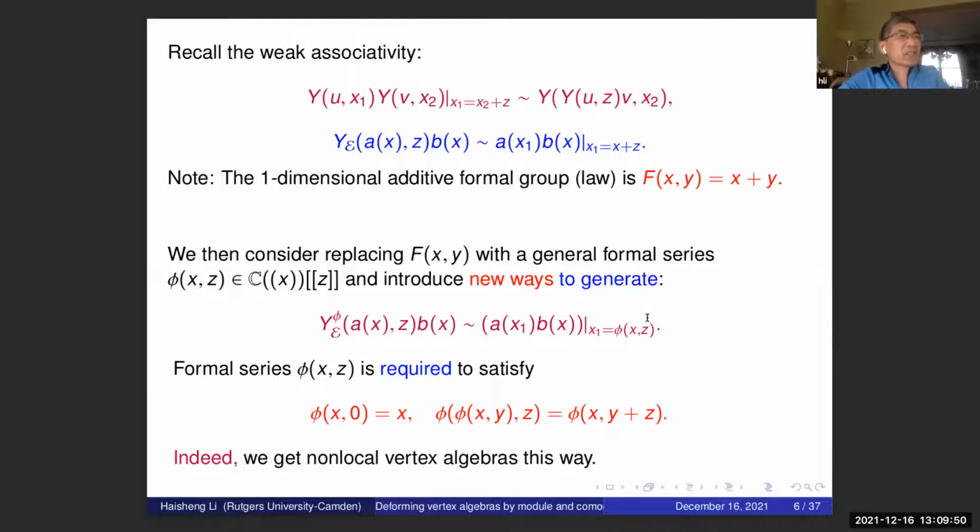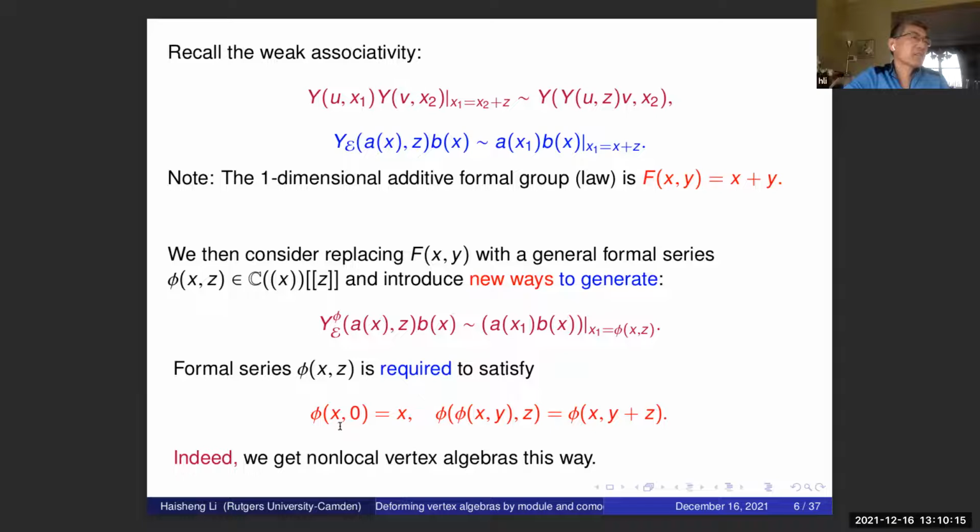So here is the idea, and indeed we consider a more general substitution: replace x1 by phi(x, z). In the formal group law it is just x plus z, but here it is a formal series. Naturally, we will need this to be exactly like a group action.